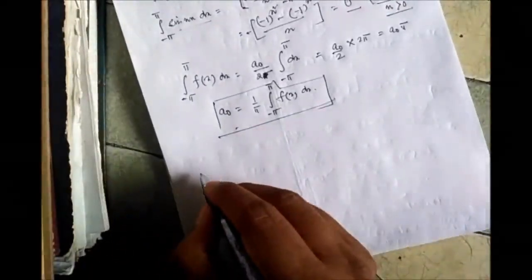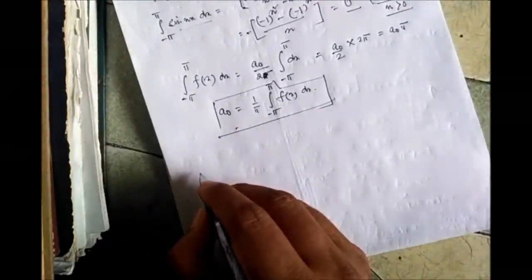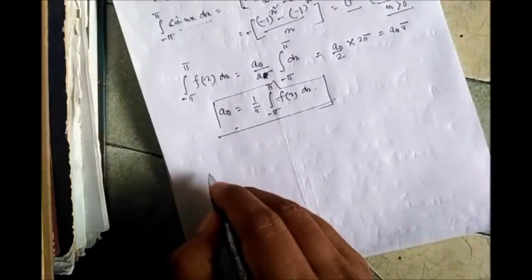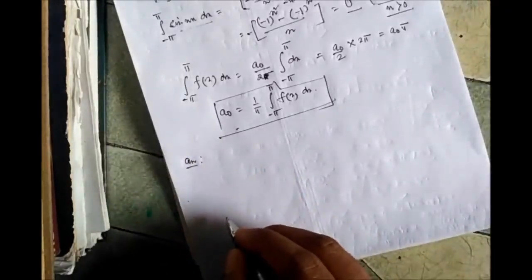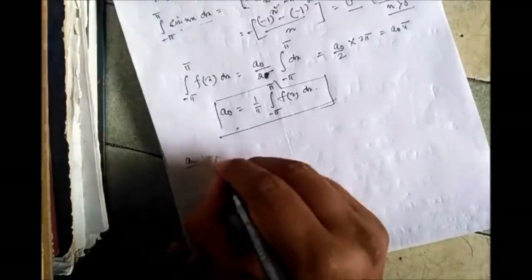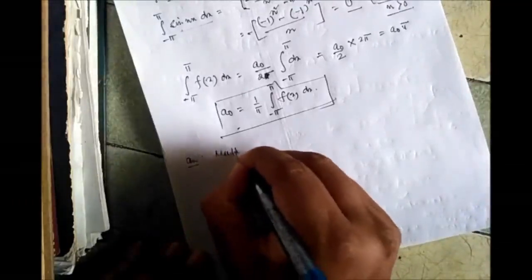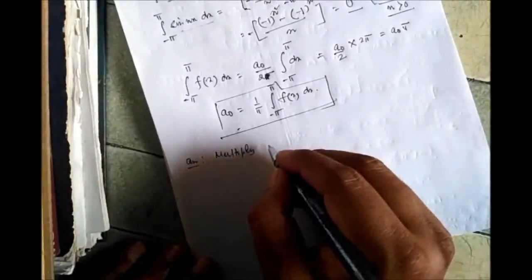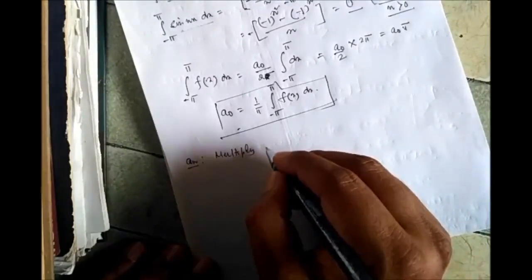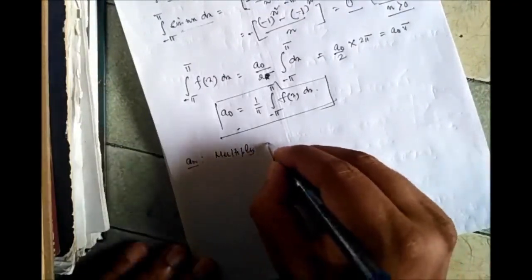Now the evaluation of an. Multiply the Fourier series on both sides by cos mx.